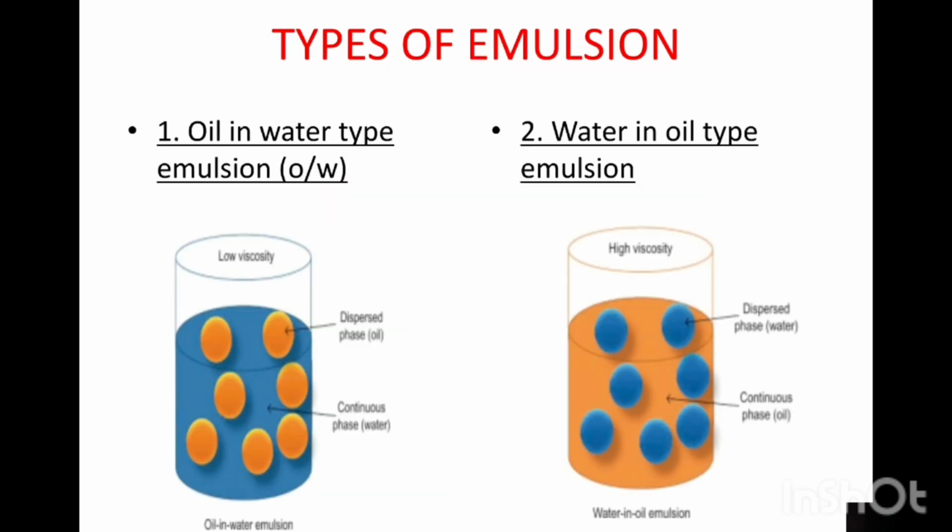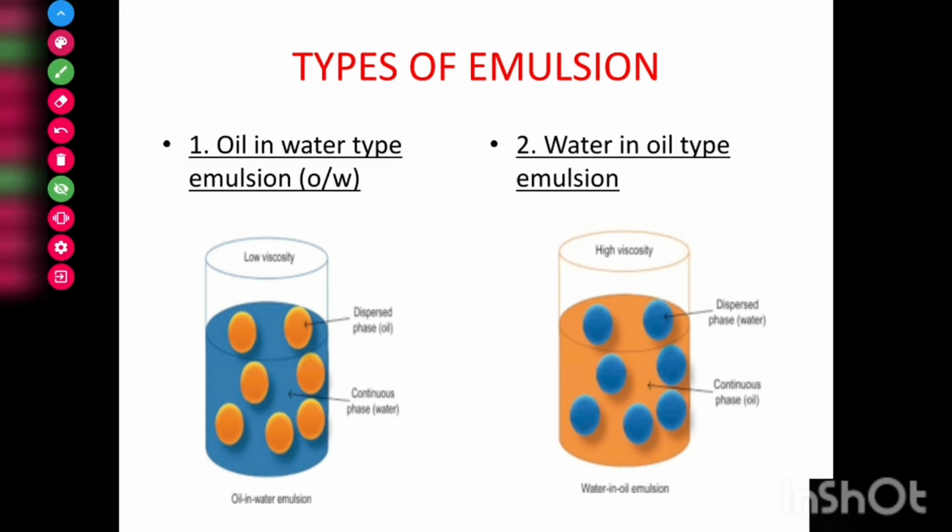Here you can see different types of emulsion. As I already told you, based on the nature of the dispersed phase, emulsions are of two types. The first one is oil in water type emulsion and the second one is water in oil type emulsion. The first figure represents oil in water type emulsion.